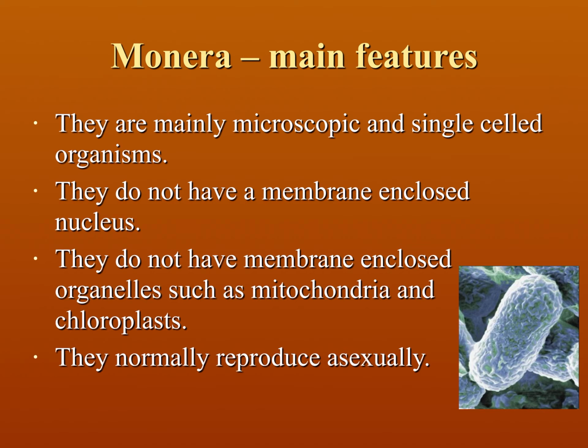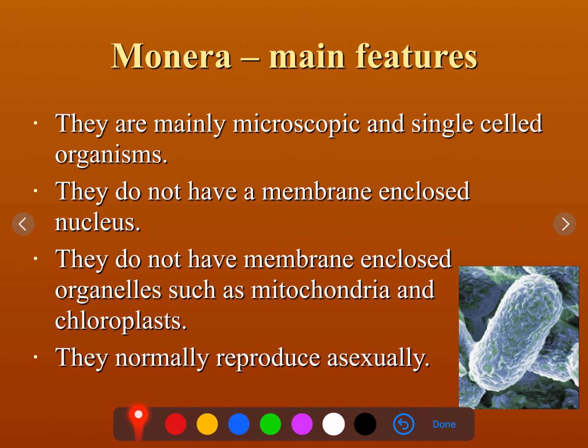Now, Monera, main features, they are mainly microscopic and single-cell organisms. They do not have a membrane enclosed nucleus, so inside here there would not be another nucleus that's surrounded by a membrane. They might have a small loop of DNA like that. Some of them will, but they wouldn't have a complex nucleus.